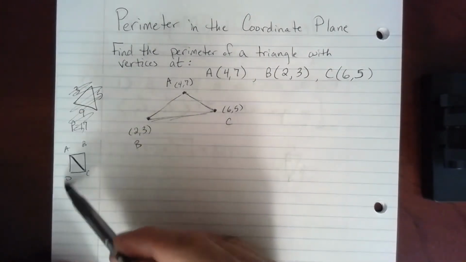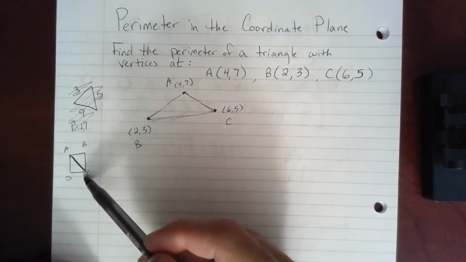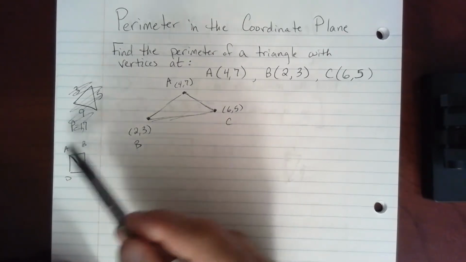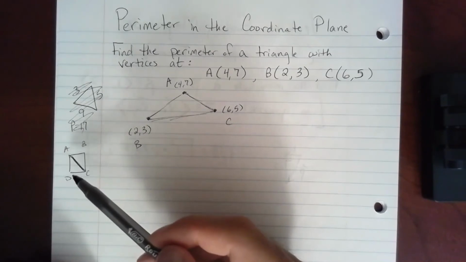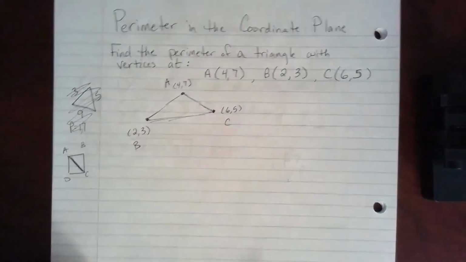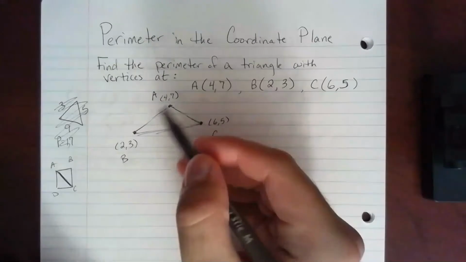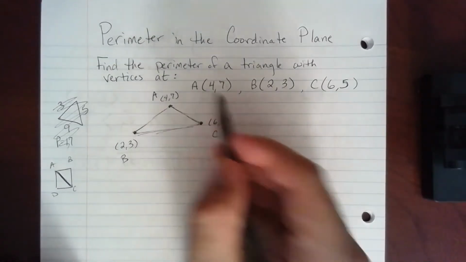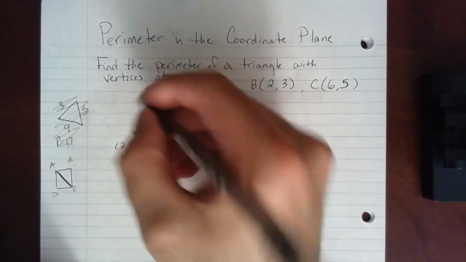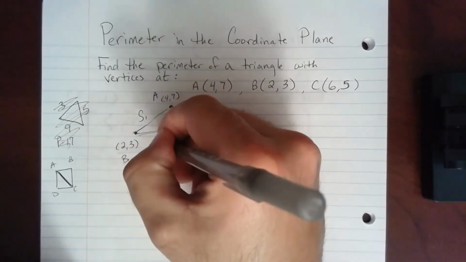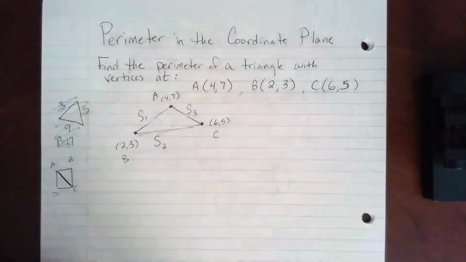If you're just picking random points, you might go, oh, I'll just find the distance from A to C and then from B to D, and you'll find too much information and end up with things that you don't need in the problem. So sketch it out first and then go, okay, I'm going to find this side right now, and then this side, and then this side. In fact, let me call this side 1, side 2, and side 3. I'll use S to represent that.